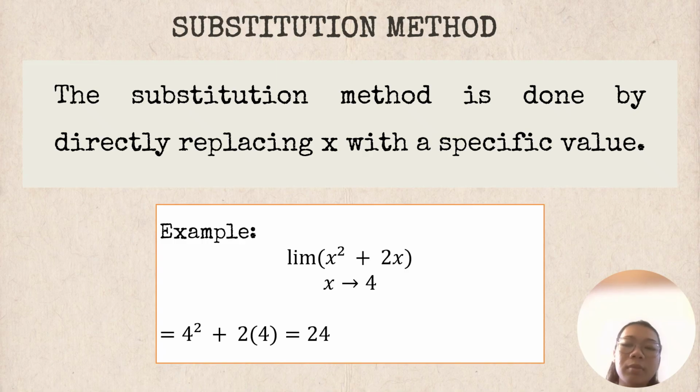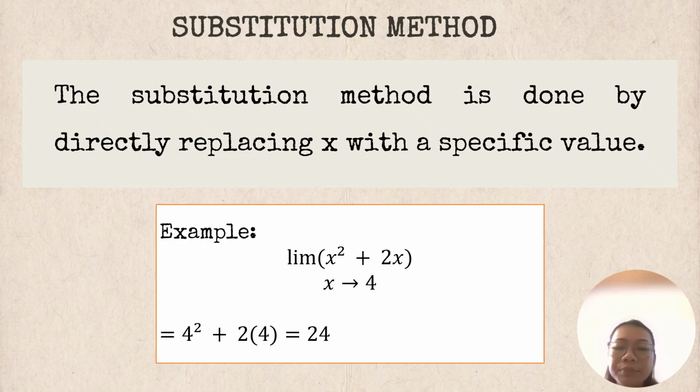Okay, the first method is the substitution method. This method is the simplest way to evaluate a limit. We directly replace x with the value that it approaches. If the substitution produces a definite numerical result, then the result is the limit.